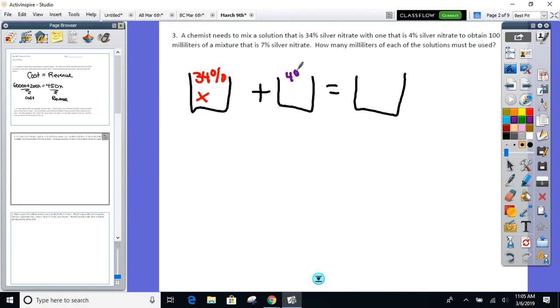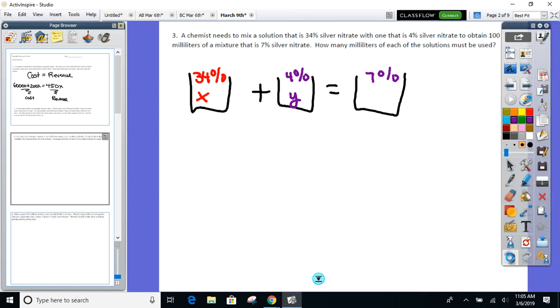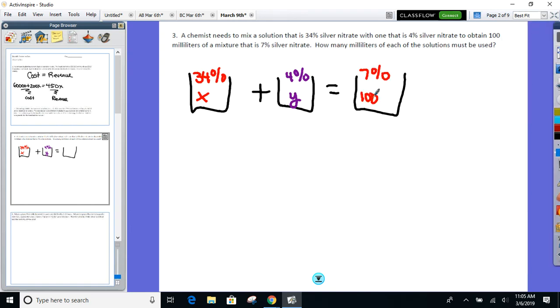I don't know how much I have, but I'll call that Y. Combine them, you need how much? 7% nitrate, and we already know how much we have there: 100 milliliters. This mixture problem will be 2 equations.